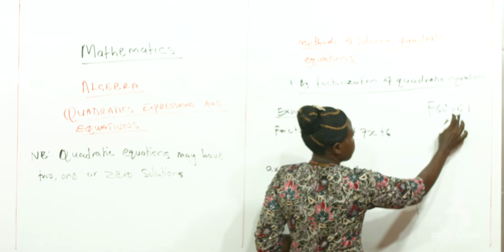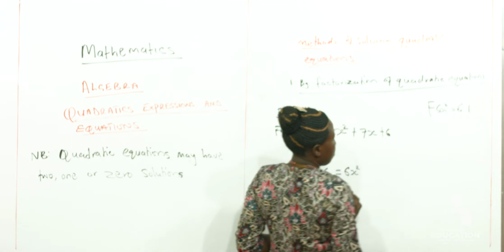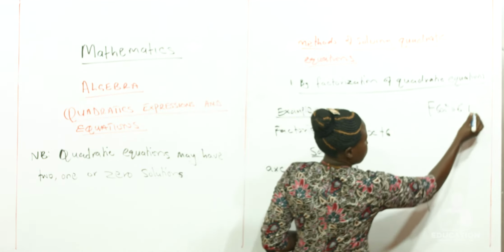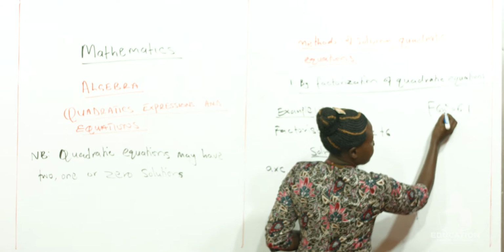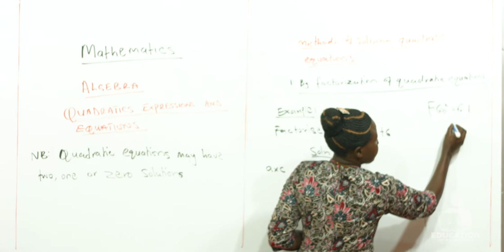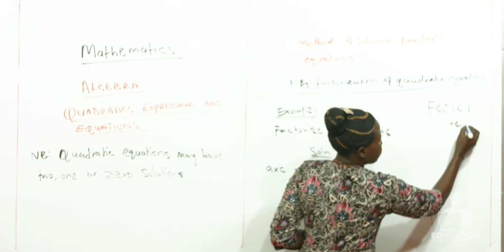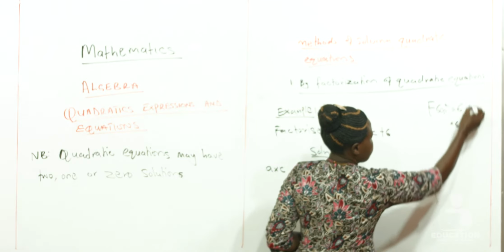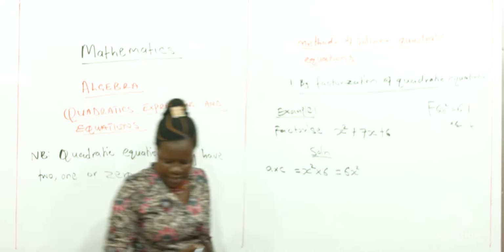So I will get positive 6 and positive 1. Because of this x, we simply say we shall have 6x and then an x, because it is 1.